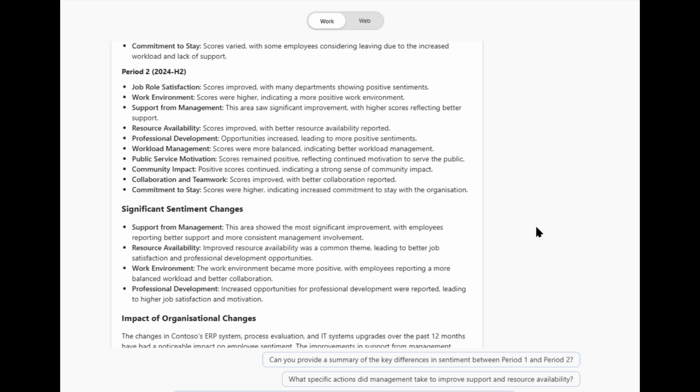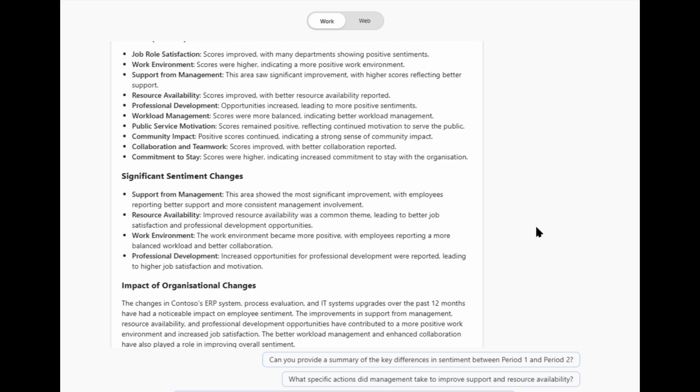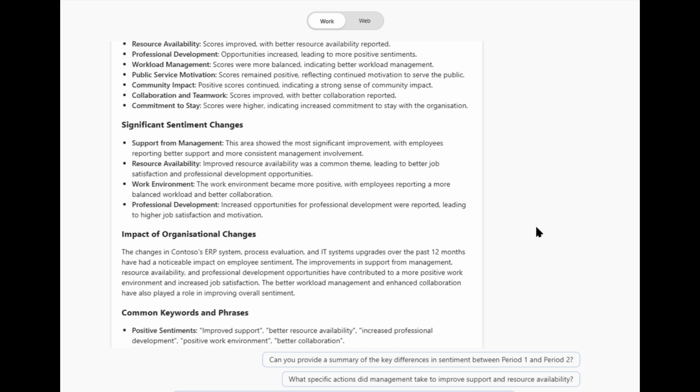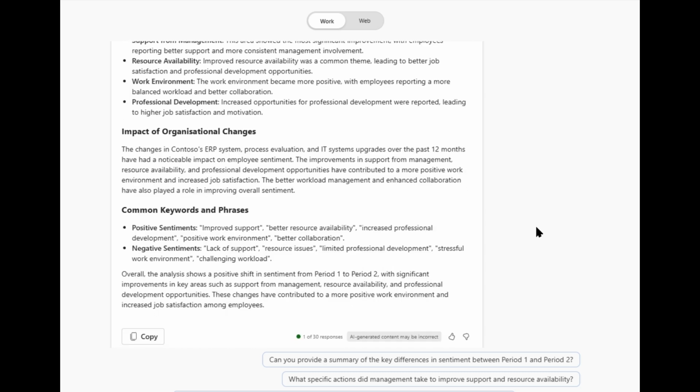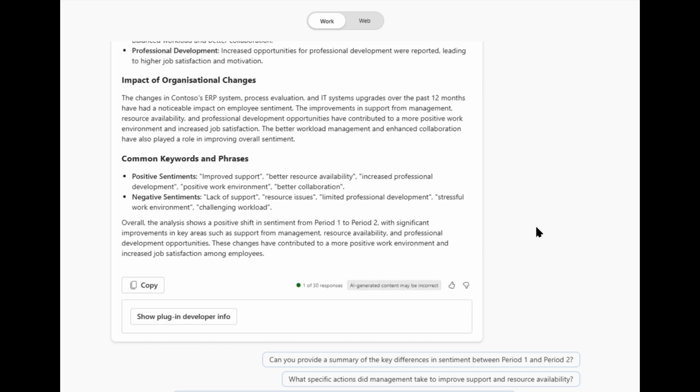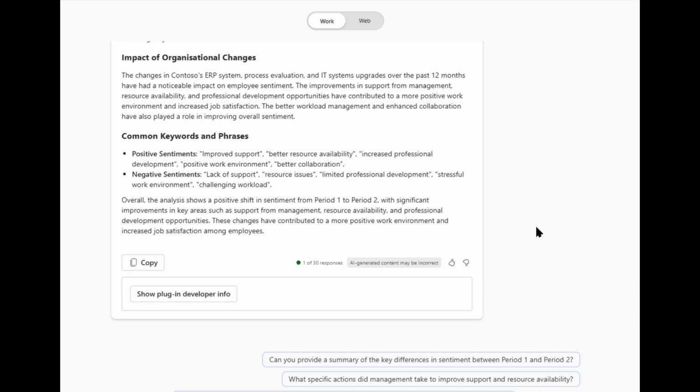The response mentions the noticeable impact of the change. It's deduced from the sentiment that the significant improvements in H2 point to better workload management and collaboration. Now, the common keywords and phrases at the bottom there help us understand the positive and negative sentiments that we need to be aware of in the comments, which is something we could dig deeper into as well.